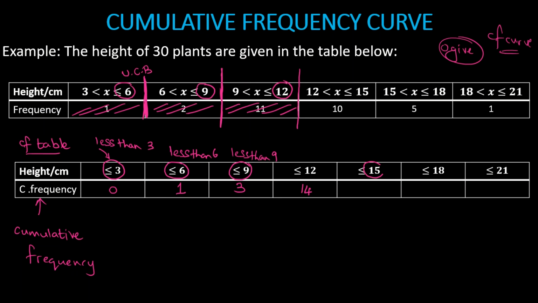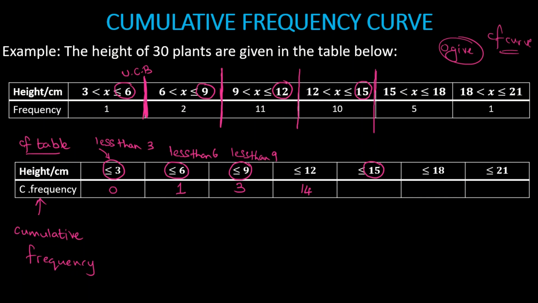Here we have 15. Here it is. So the limit is here for the upper class boundary of 15. Still, we ask the same question. How many plants have a height less or equal to 15?